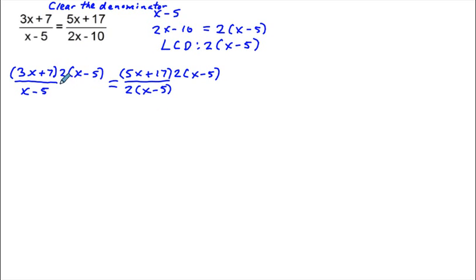And now we're going to cancel out, but even before that, we're going to locate the excluded values, what x cannot be. Well, since we cannot divide by 0, x minus 5 cannot equal 0. So x cannot equal 5. So we call this an excluded value.